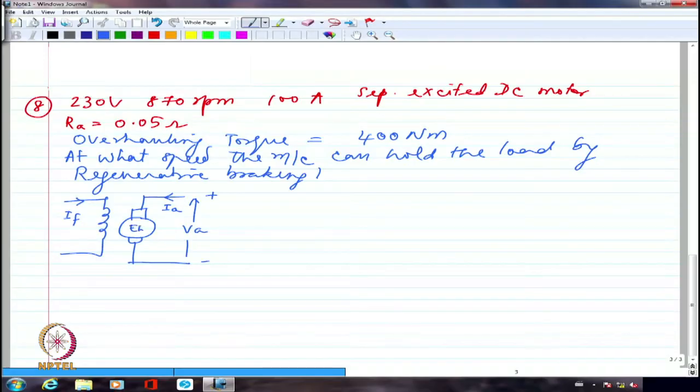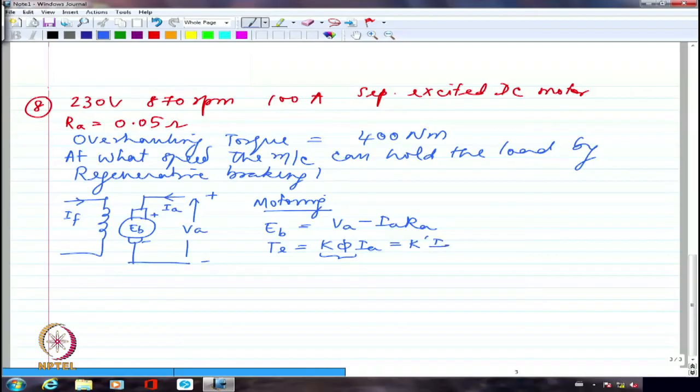Here is my EB. Fine. So this is normal motoring operation, in which case I am going to have EB equal to VA minus IARA, from which we wrote all the equations and so on and so forth. And field current is a constant, because of which we are going to have TE equal to K phi IA. Maybe K phi is a constant. If I assume, I can simply write K dash multiplied by IA.